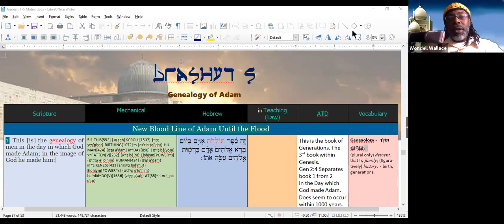It's like this. Neither is Abel mentioned in Adam's bloodline, but when Seth is born, it is said that he was born to replace Abel, whom Cain slew. So that leaves it wide open for a bunch of speculation.